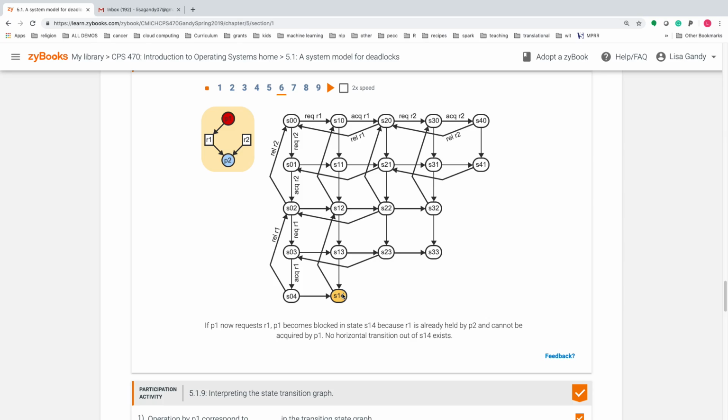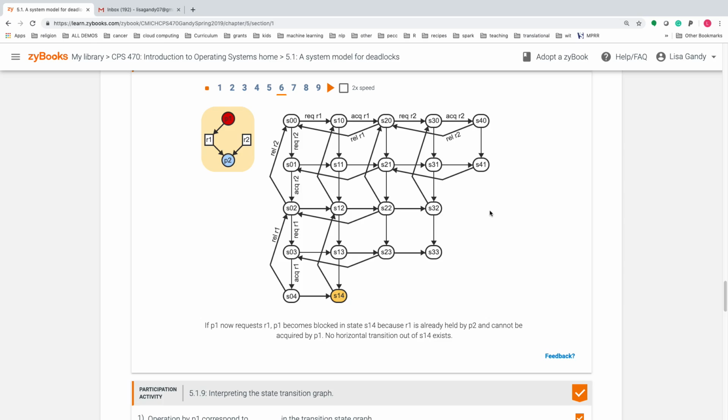Let's find another one. This one's blocked. This one's deadlocked. This is blocked on P1 because there's nothing going this way, since P1's going this way, P2's going this way. 23 and 33 are blocked. Where's 23?